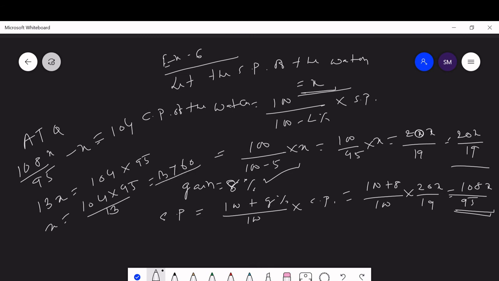He sold the watch at rupees 760. If he sold it 104 rupees more, that is 760 plus 104, which is equal to 864, then he can get 8% gain, but by selling at this price he has a loss of 5%.